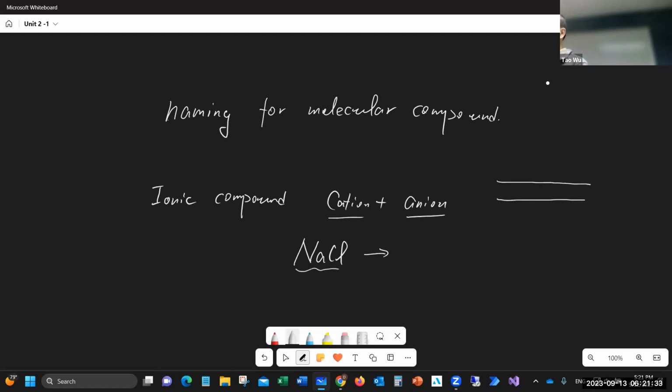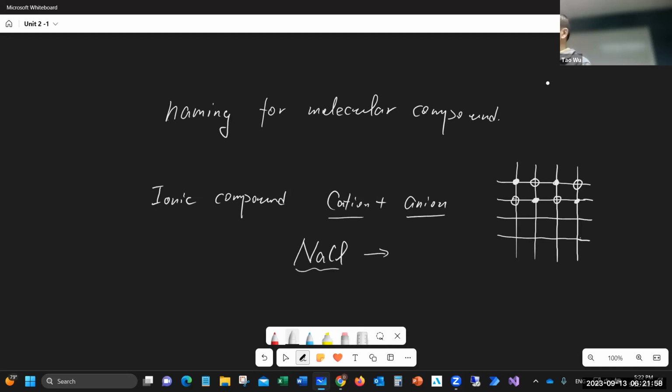Inside the compound, it's something like this: one sodium ion, one chloride ion, one sodium ion, one chloride, and chloride, sodium, chloride, sodium.